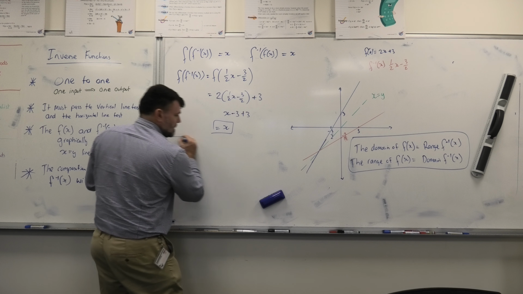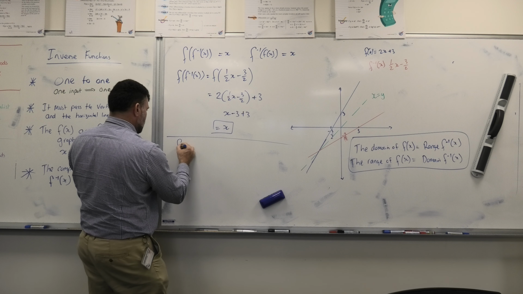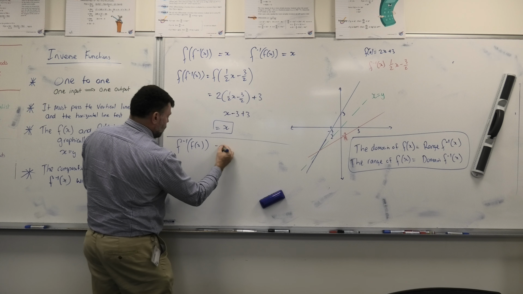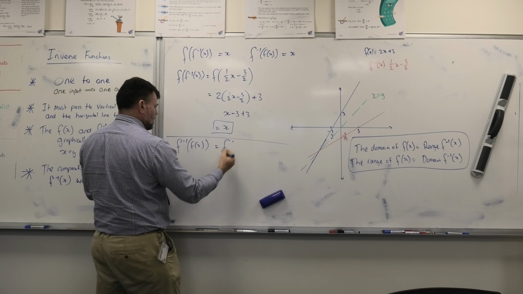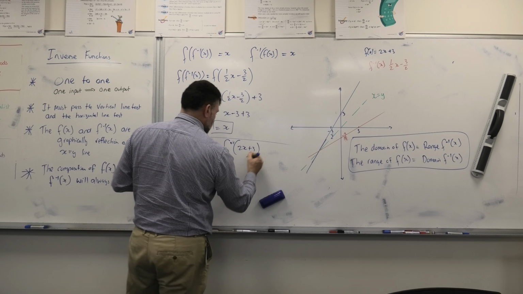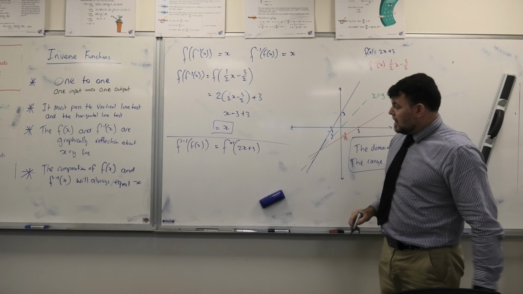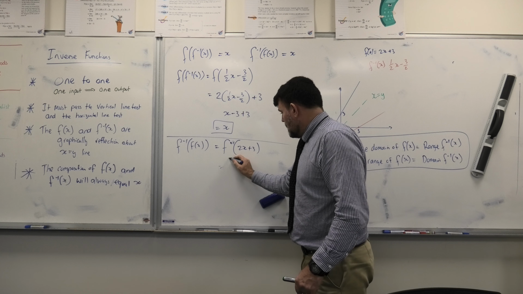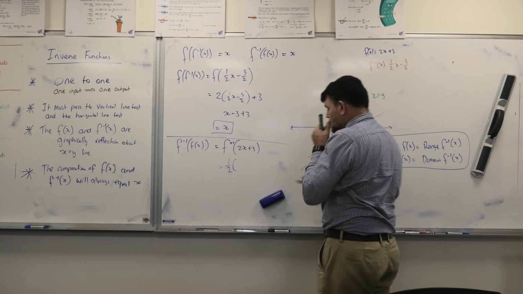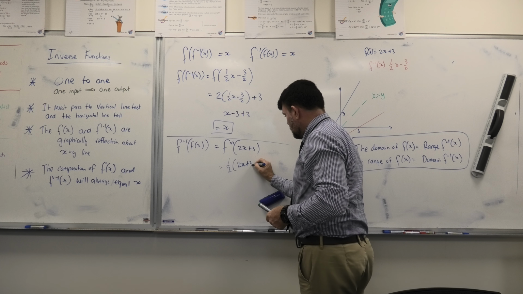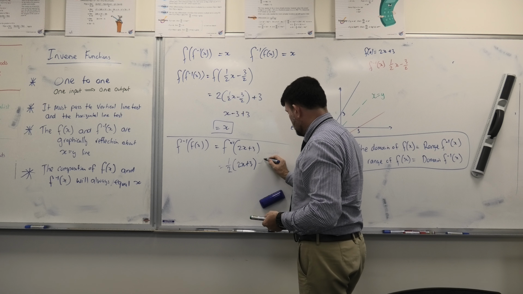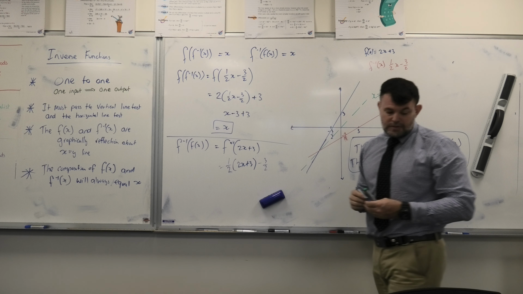If we look at the second part, where this is the same as writing 2x plus 3, let's toggle that in. So this is going to equal half, remember, we're replacing the x, so 2x plus 3 minus 3 halves.